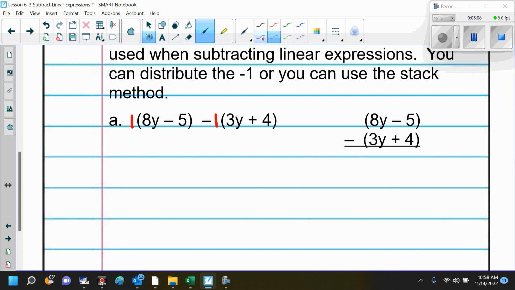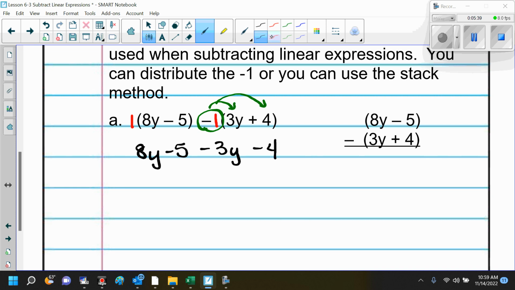So for the first one, we can just take the parentheses away. So we have 8y minus 5. And then we have to distribute this -1 throughout the parentheses. So that's going to be -1 times positive 3y is a negative 3y. And -1 times positive 4 is a negative 4.